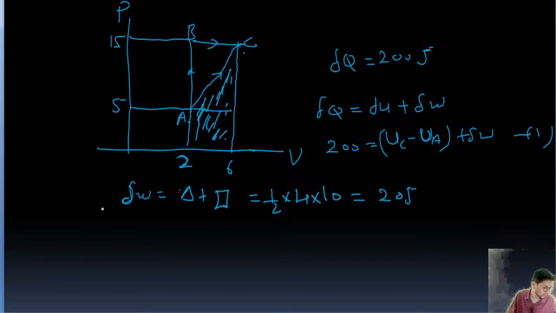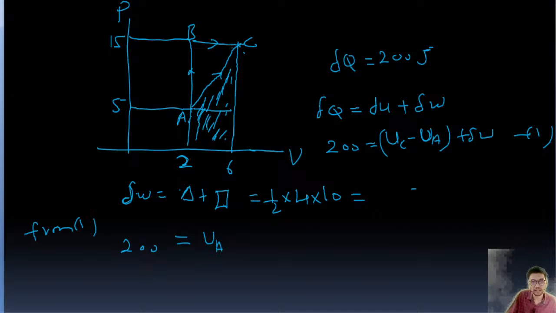And now we'll put the value. This is going to be, from equation 1, 200 joule equal to UC, the value we have to find. Here one more thing guys, this is the area of the triangle, plus the area of the rectangle is also here.